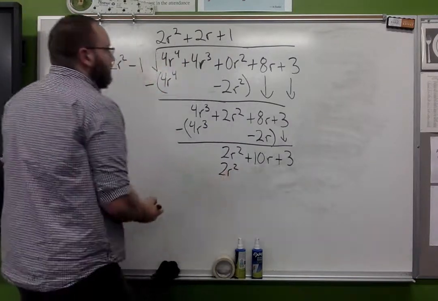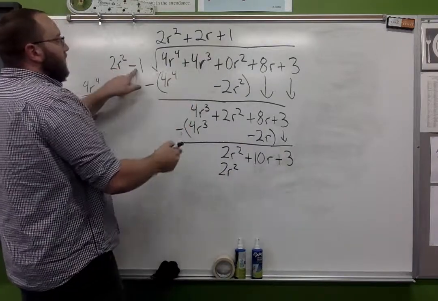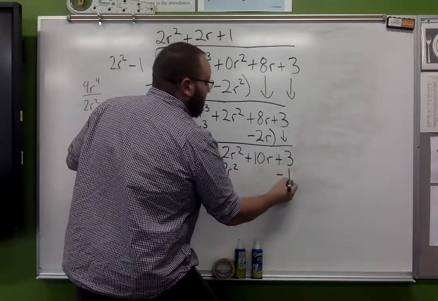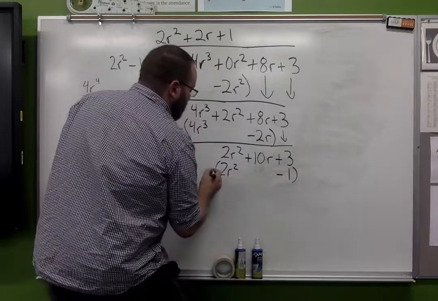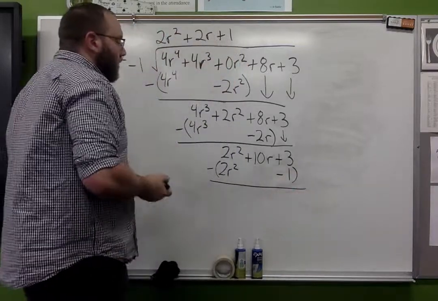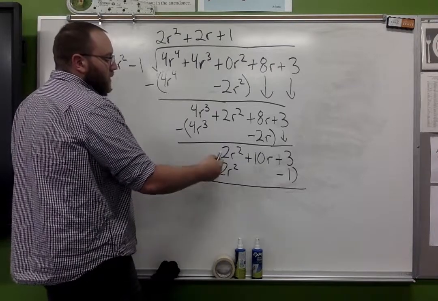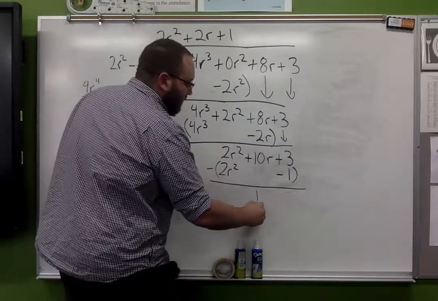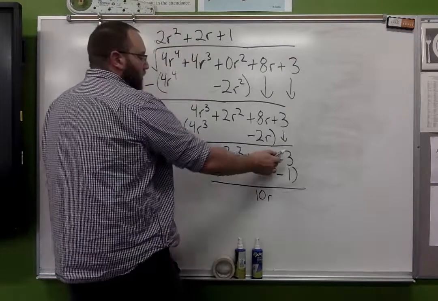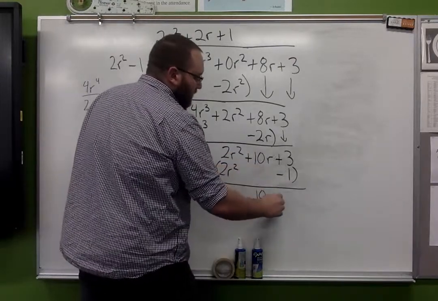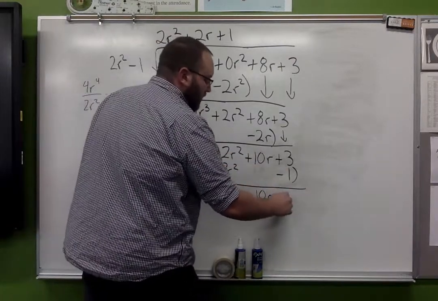2r squared. 1 times negative 1 is negative 1. I'm going to put that over here at my constant. And we subtract everything. 2r squared minus 2r squared is 0. 10r minus nothing is 10r. 3 minus a minus 1 is 3 plus 1, so plus 4.